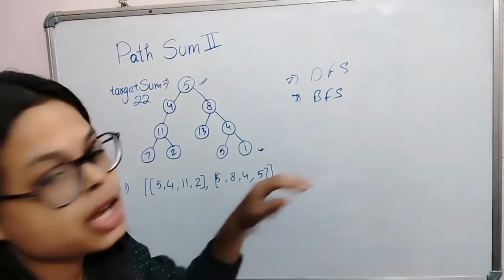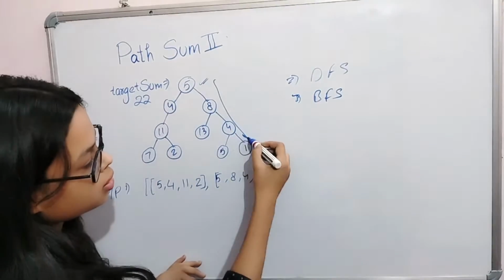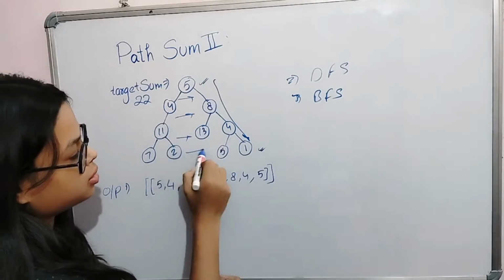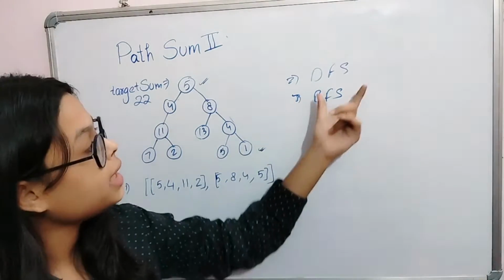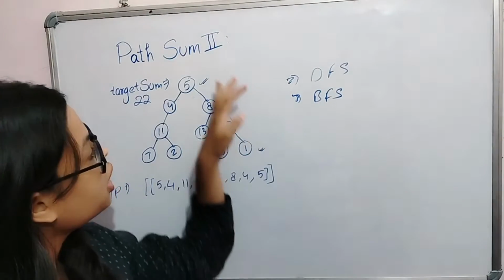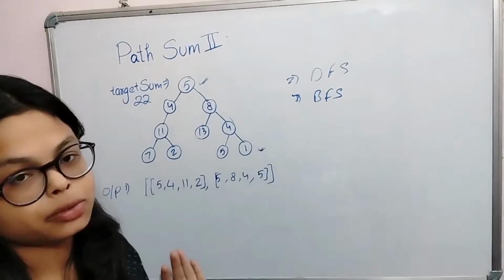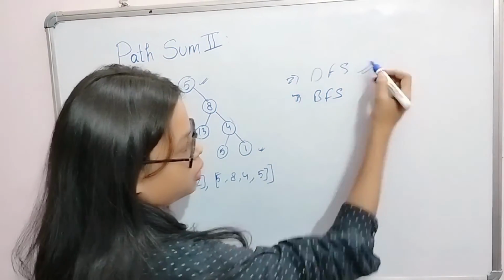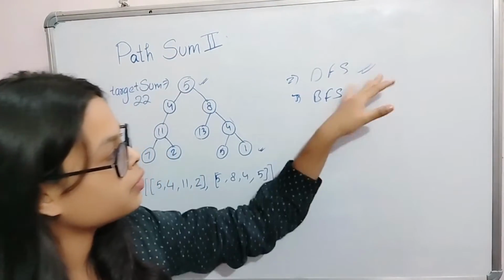In DFS we go through the depths, and in BFS we go through the breadths. The question says we have to find a path from the root to the leaf node, so it's pretty clear that we have to use DFS.